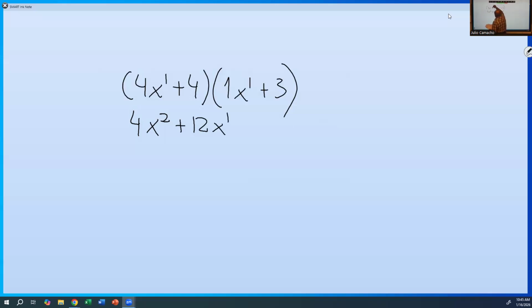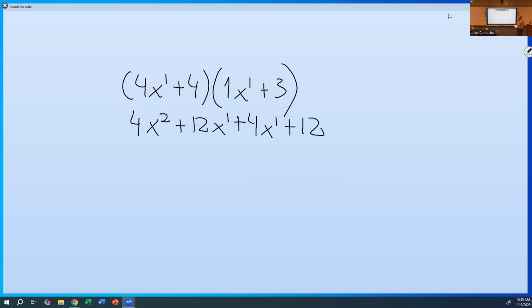Then you multiply the second term in the first parenthesis by the first and second terms in the second parenthesis. 4 times 1, both positive, is 4x to the 1. And then 4 times 3, positive both, is 12. We have the foiling, the multiplication.